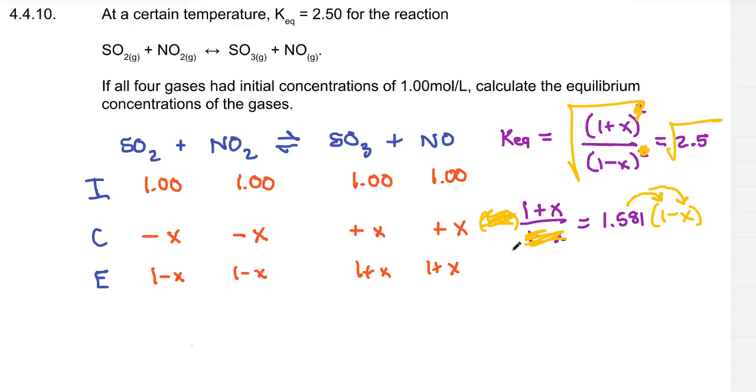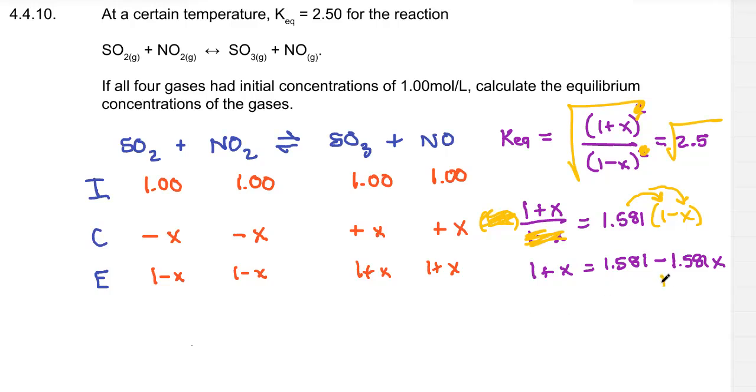If we take care of that, 1 plus x equals 1.581. Multiplying by 1 is easy. Minus, and then we get 1.581x. We want to get all of our x's to one side and all our numbers to the other.